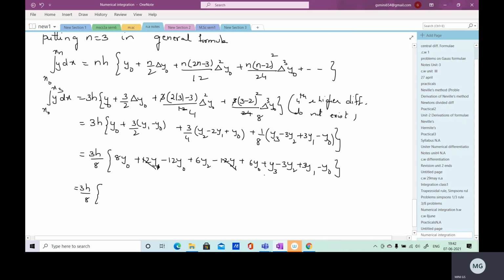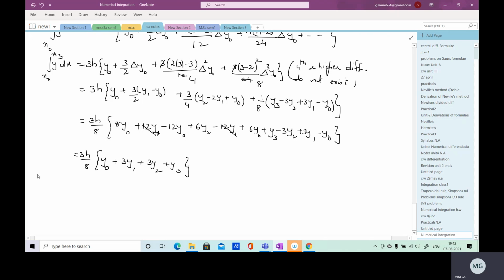Minus 4y0 plus 6y0 is 2y0, minus y0 is simply y0. Let me look at y1: y1 plus 3y1, that's all, nothing much. Let's look at y2: 6y2 minus 3y2, so this becomes plus 3y2. Then comes y3, which comes only once. So this is from x0 to x3.